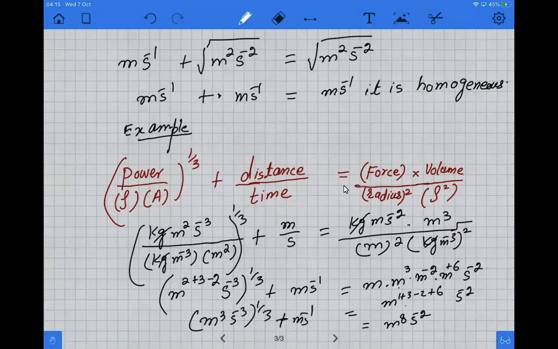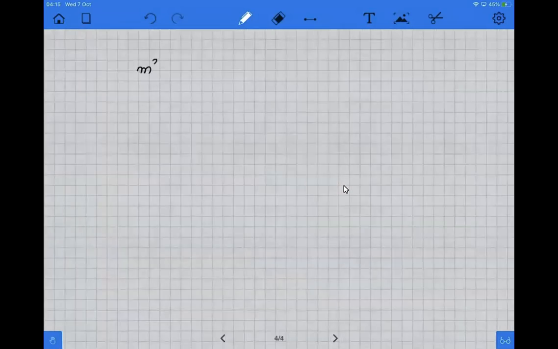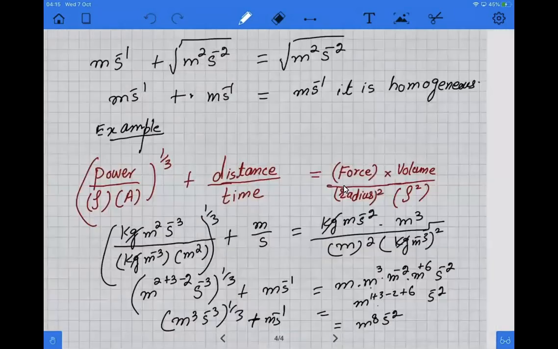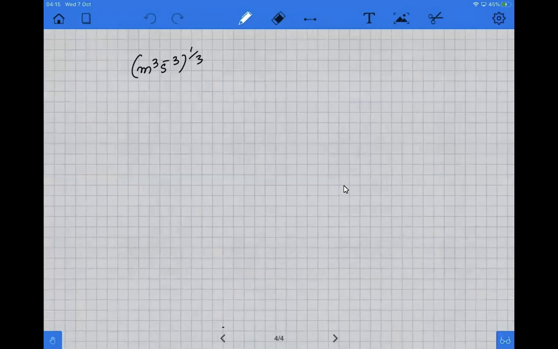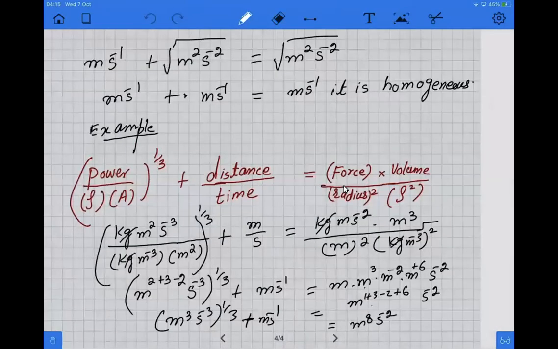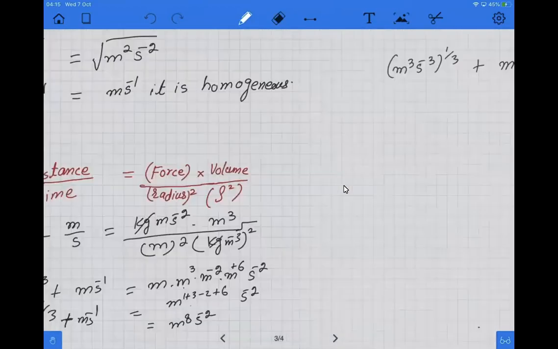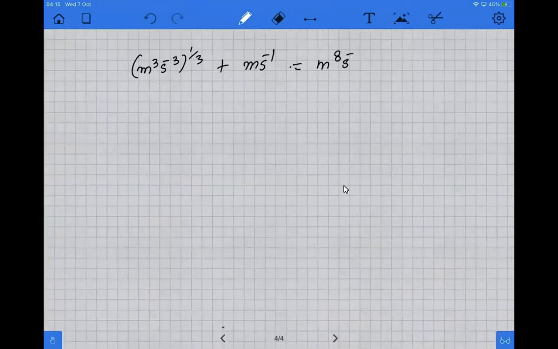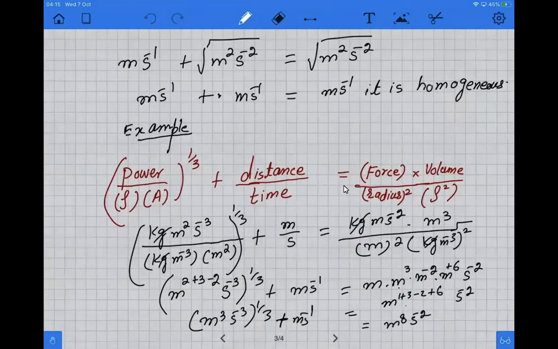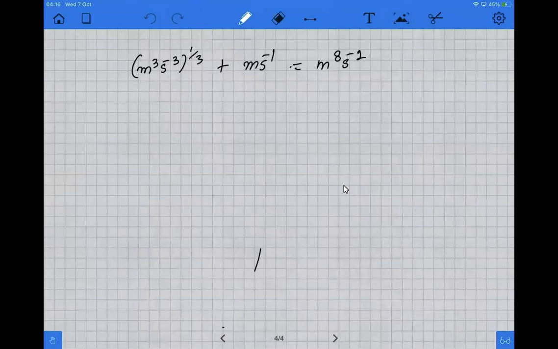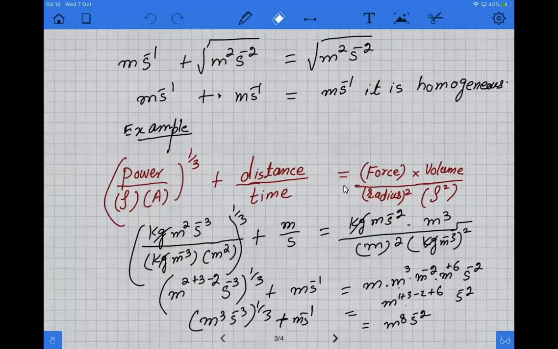So finally this would become meter cube second minus 3 whole power 1 by 3, then you have meter per second is equal to meter 8 second minus 2.